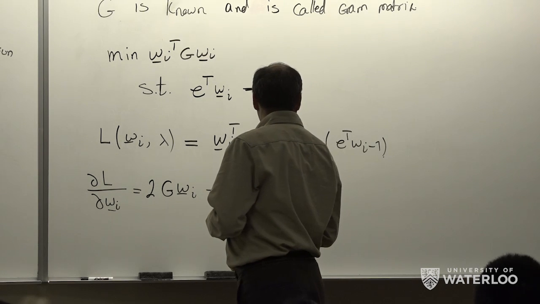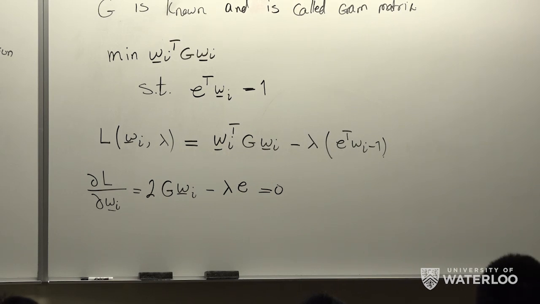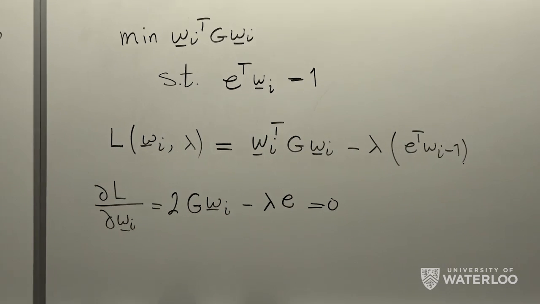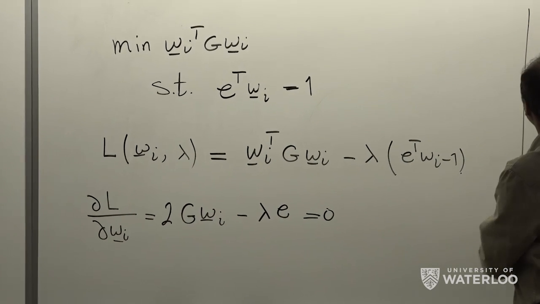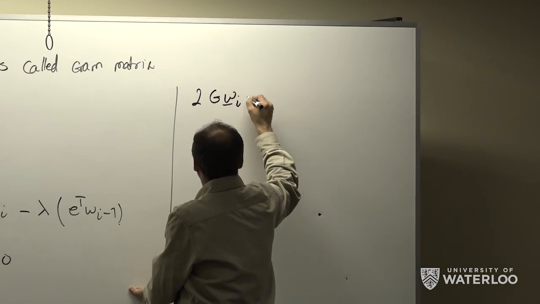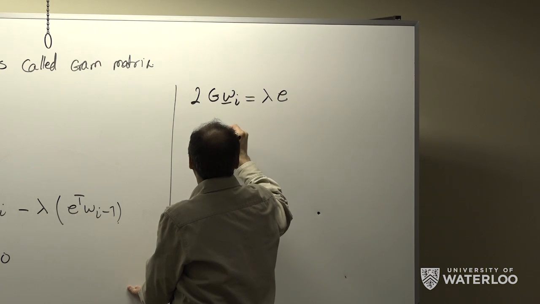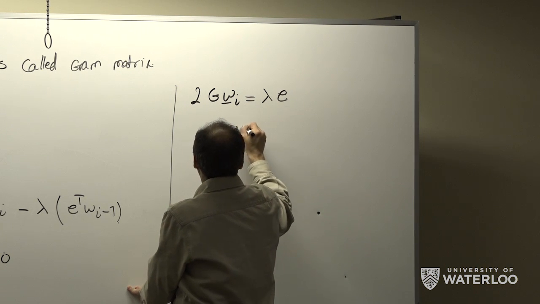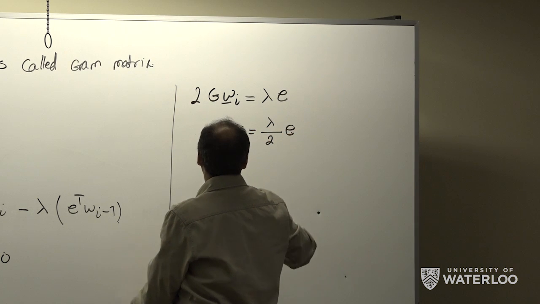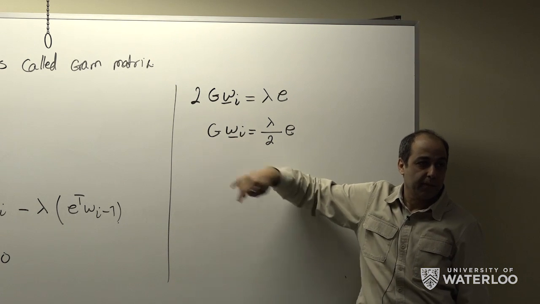So that's it. This should be equal to 0. It means that 2 G Wi is equal to lambda E, and it means that G Wi is equal to lambda over 2 E. E is known, G is known, Wi is unknown, right?